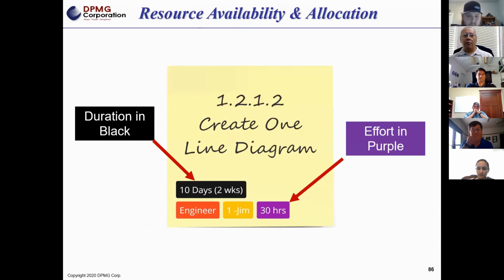So in Miro, the effort hours are in purple. The duration is in black. Red, orange, purple, black.